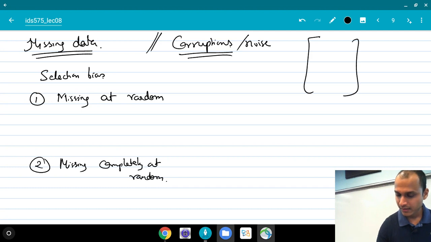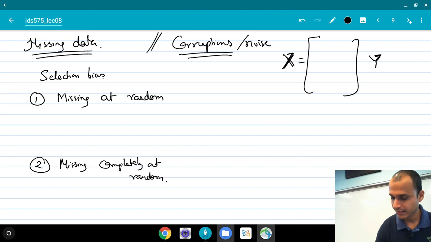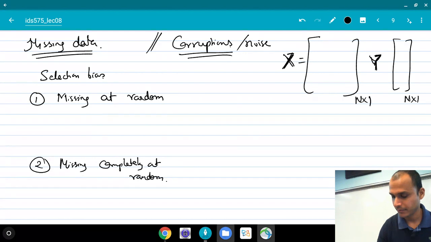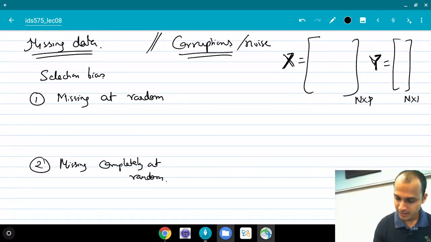Let's say we have the X matrix, the data with rows being my observations. Okay, and the Y data, let's say it's a vector. n cross 1, n cross p, right? So if that is our data, then let's say we are missing some entries.